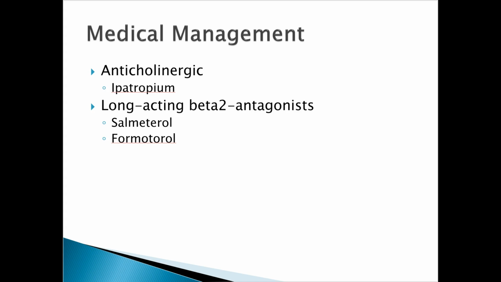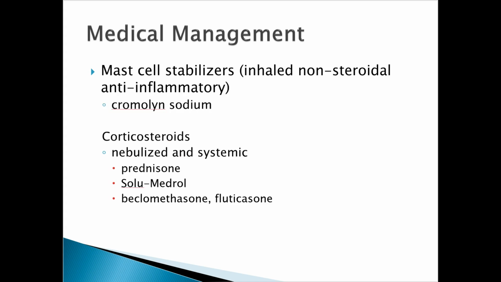You've got your anticholinergic, ipratropium or Atrovent. You've got your long-acting beta-2 agonists like salmeterol or formoterol. Mast cell stabilizers, so they are actually inhaled non-steroidal anti-inflammatory. So these are long-term. Again, I've mentioned this before, but cromolyn sodium.